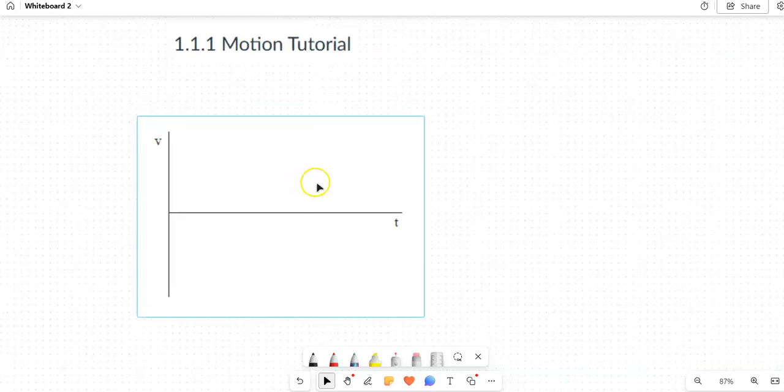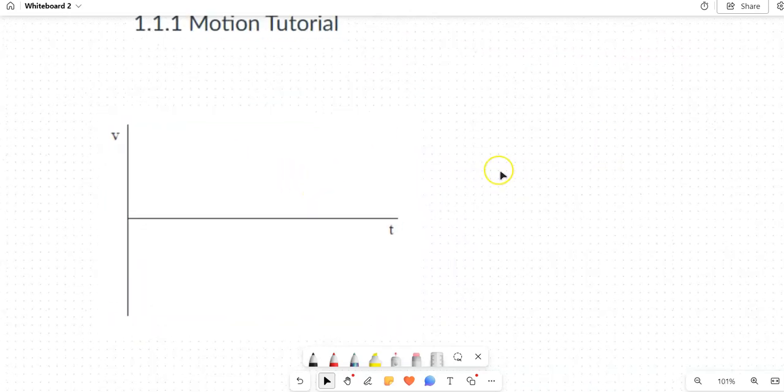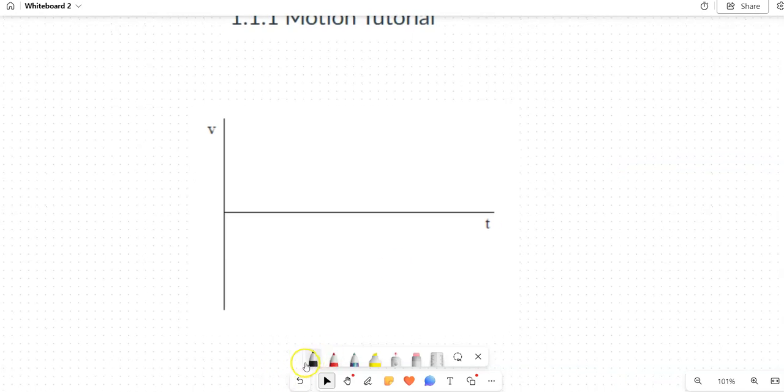So let's go ahead and talk about these different types of motion. So the first thing I'm going to do, so here is a basic velocity versus time graph. I'm going to label this. I like making things concrete, so this time is 0 seconds, and then there's like maybe 1 second, and then there's 2 seconds here right at the end.